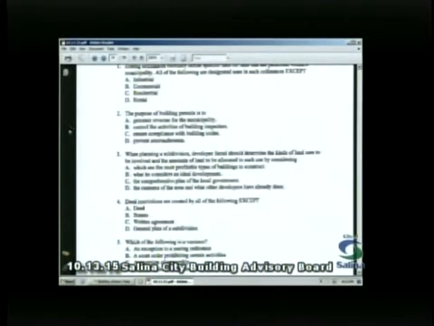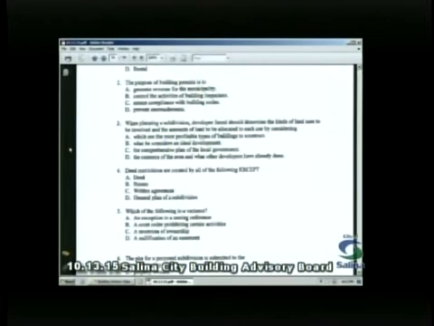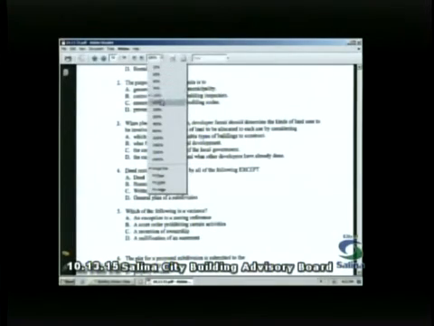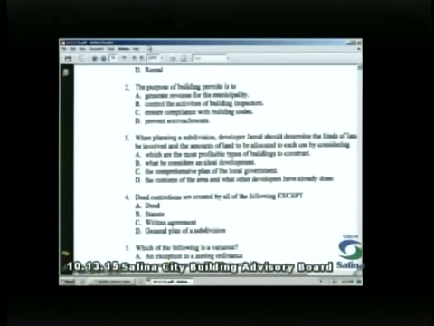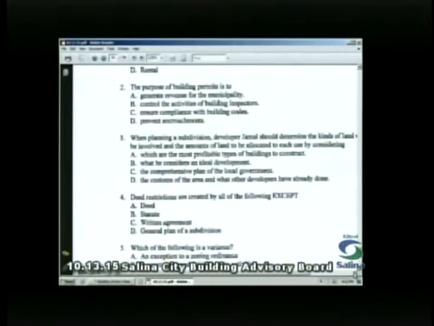When planning a subdivision, developer Jamal should determine the kinds of land uses to be involved and amounts of land to be allocated to each use by considering which one? I hear a C. Yeah, C is correct.